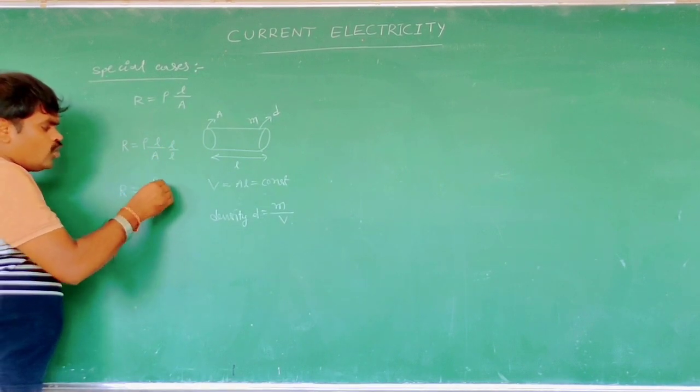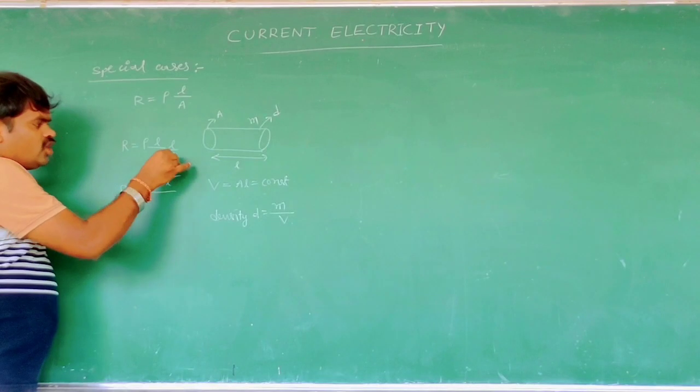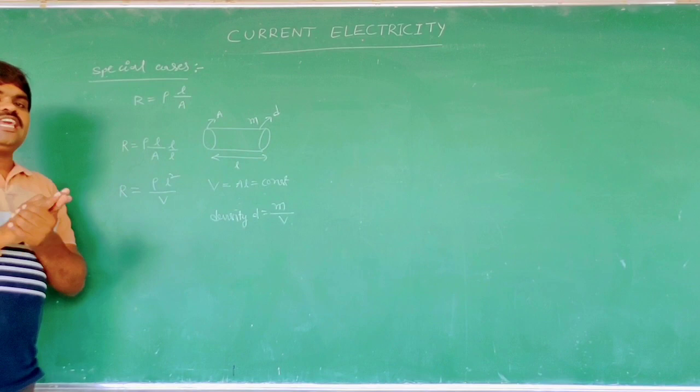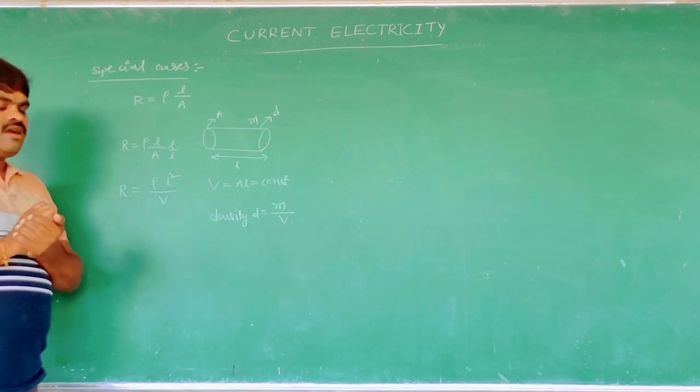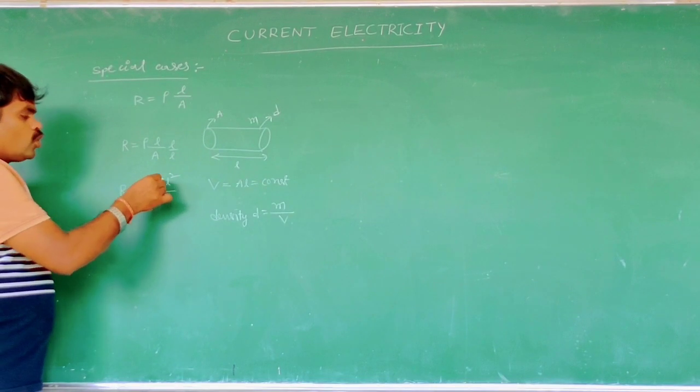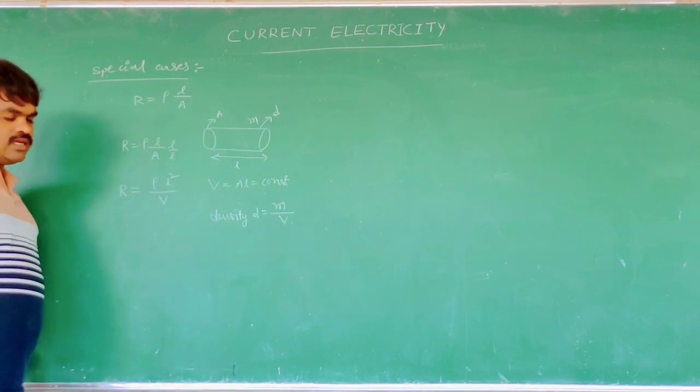R is equal to rho L square by A into L, which is the volume. Here, when the question is given in terms of length, we can use this formula, that is R is equal to rho L square by V.